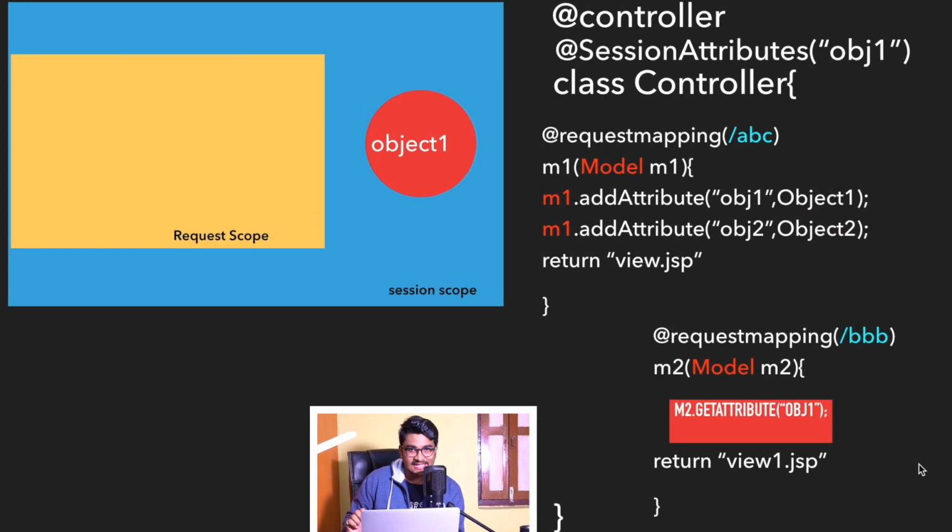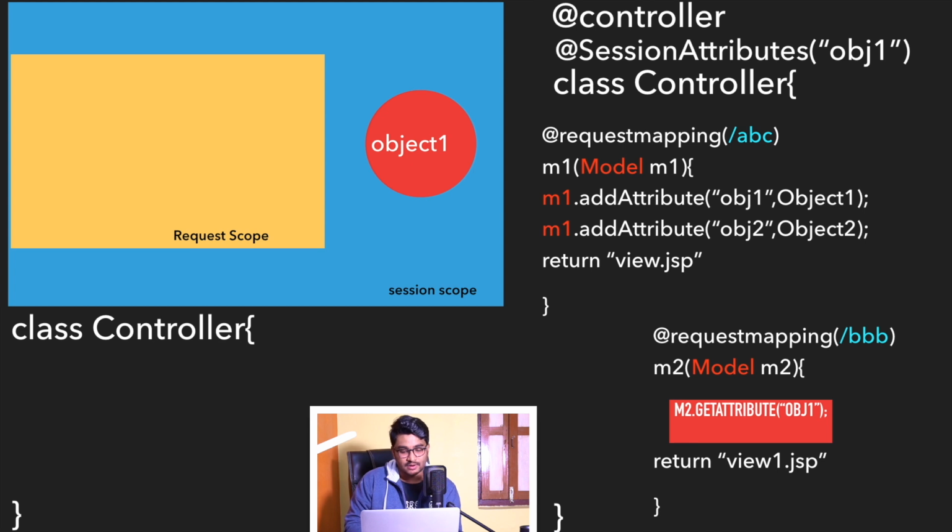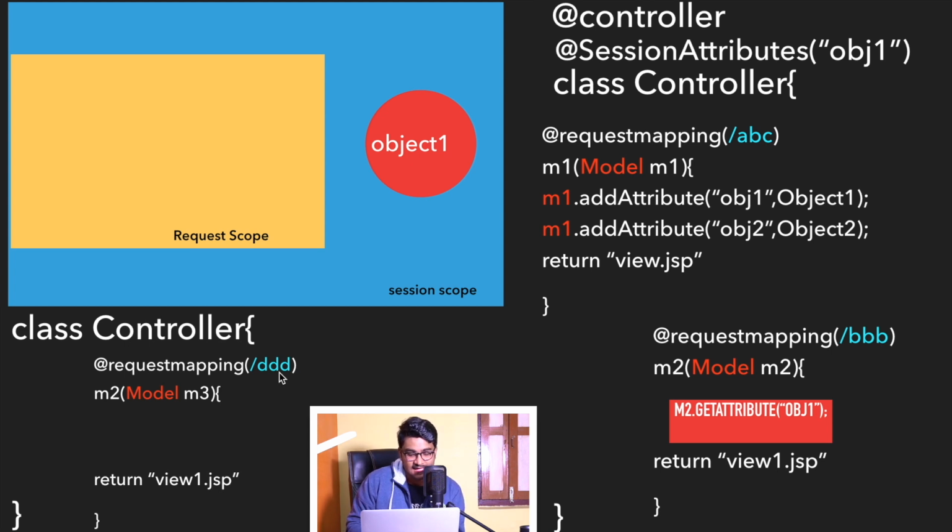So the next thing here is that, now listen to this very carefully. I have another controller class. Right now I have another request mapping and it is mapped to /ddd, and here also there is a model class and a model instance. And right now, if I try to do m3.getAttribute obj1, what is going to happen?